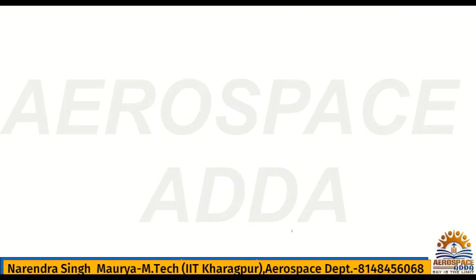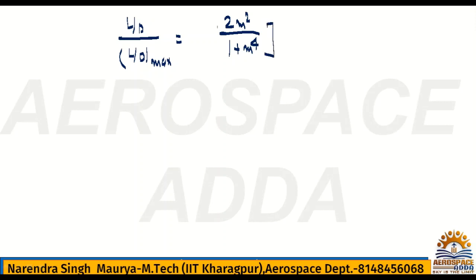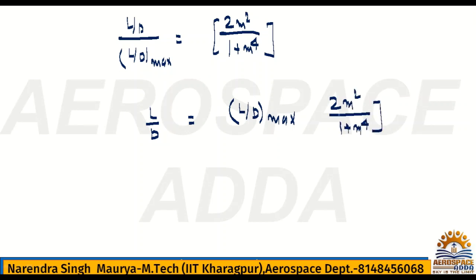It's very important. L by D they will give to you, or they will ask you. L by D max they will give to you. If you know the m value, automatically you can calculate this value, okay. What is L by D? It is L by D max times 2m square over 1 plus m to power 4, where what is m?